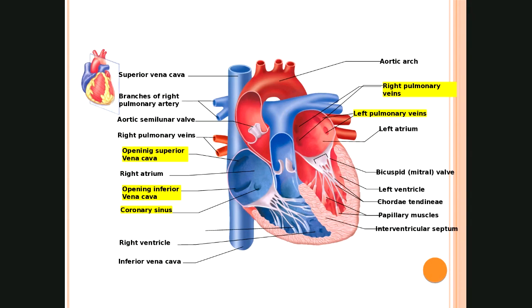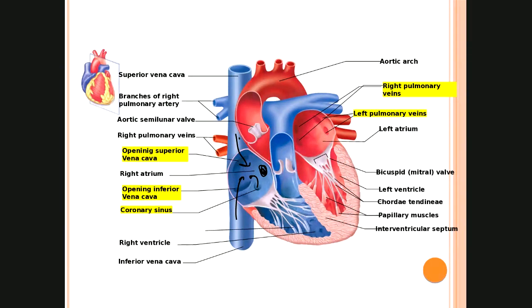So this is a model of the heart. This is the right atrium. Let's go over these structures we talked about. We have the superior vena cava, inferior vena cava, and coronary sinus, bringing blood into the right atrium. The right atrium is going to have the fossa ovalis, which is what remains of the fetal foramen ovalis.